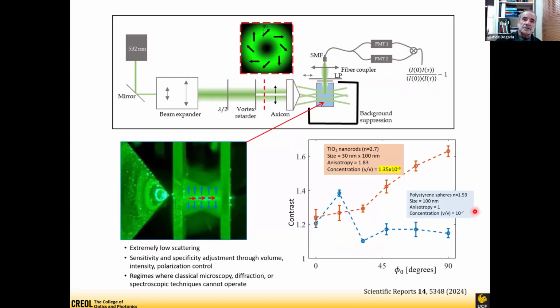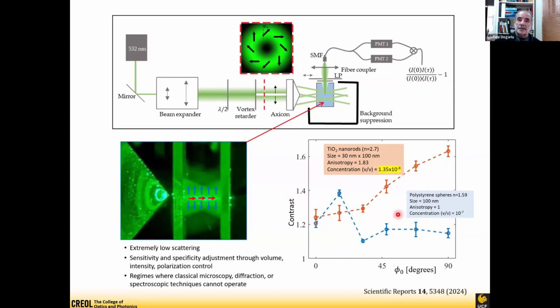And let me just stress this: it allows you to discriminate between an isotropic shape and an anisotropic shape with a very tiny anisotropy. This is a sphere. This is an ellipsoid with anisotropy at 1.8. So this is just a very, very gently pressed sphere at concentrations of 10 to minus 8 by volume.